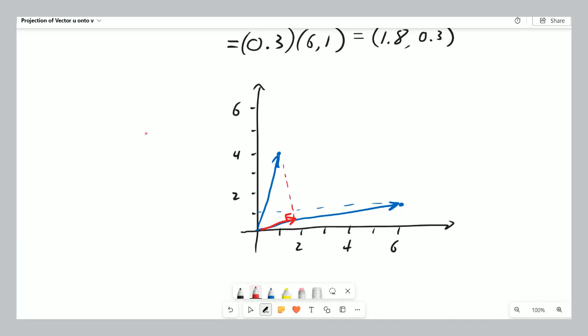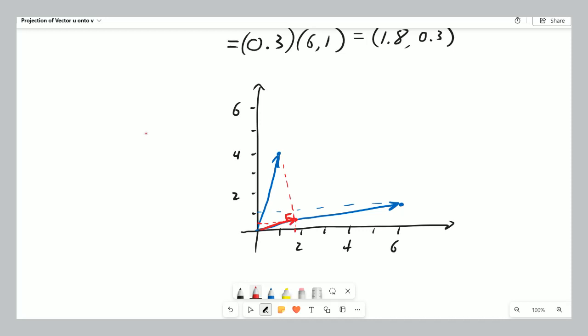Now let's see what our answer gave us. Well, our answer gave us an x-coordinate of 1.8, which is going to be just under 2. So that checks out. And a y-coordinate of 0.3, which should be just under halfway to 1, which also checks out.